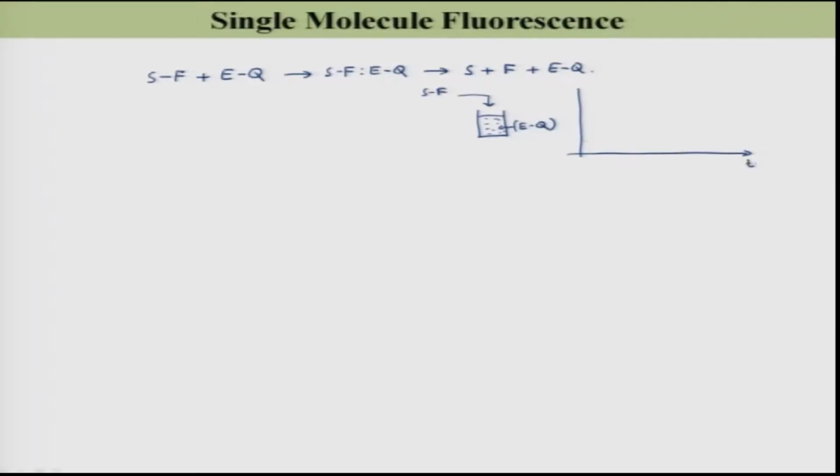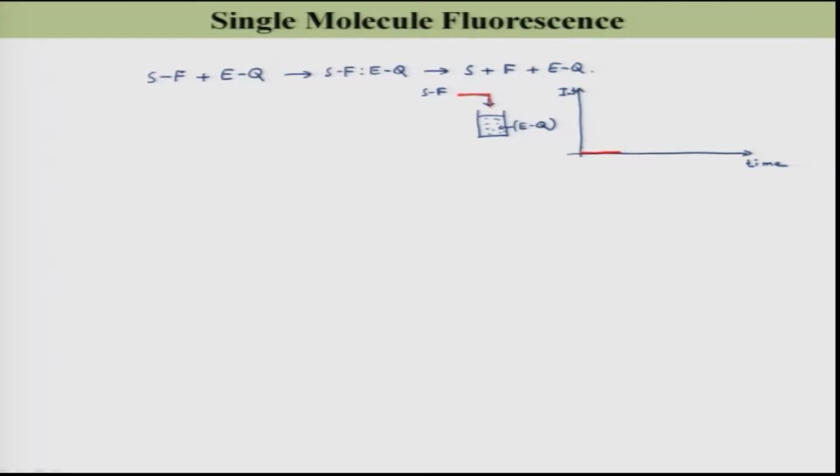If you follow the fluorescence intensity as a function of time, initially the fluorescence intensity must be 0, because E does not contain any fluorophore. So the fluorescence intensity should be 0 over here.